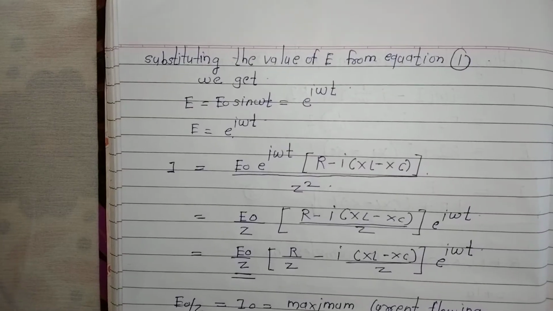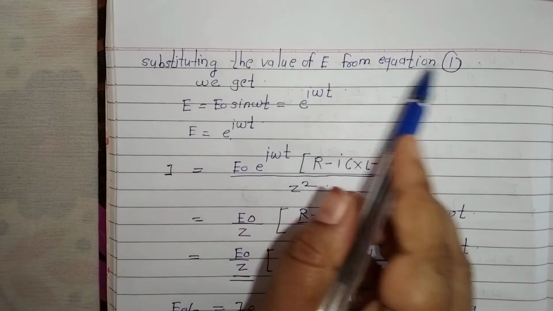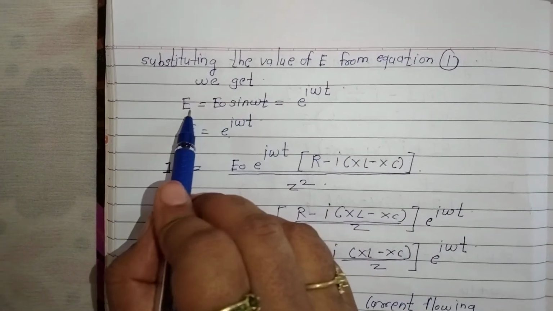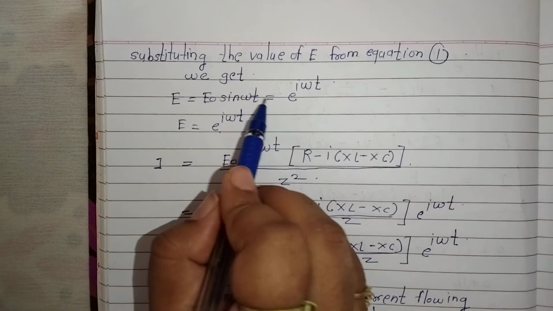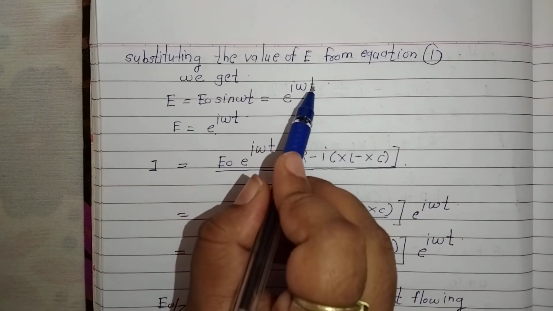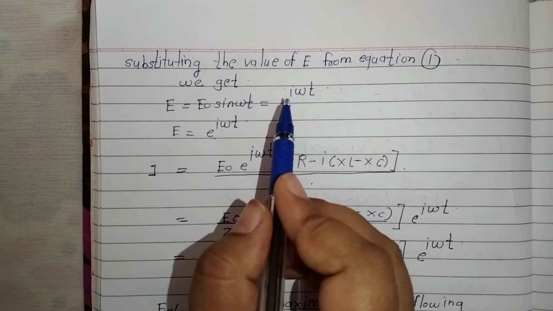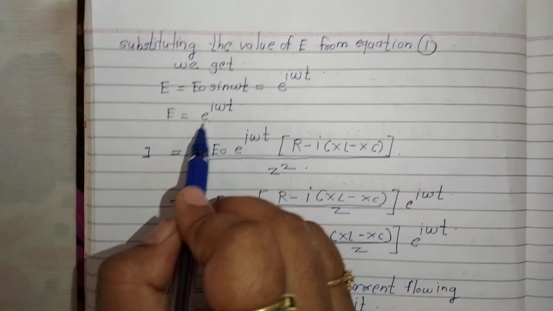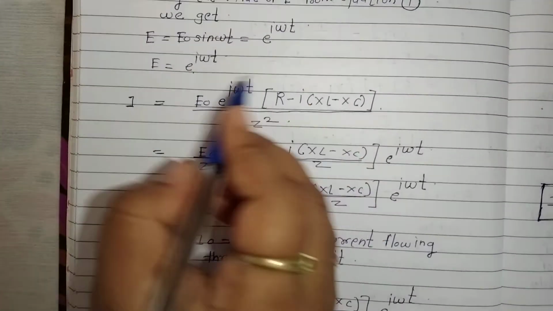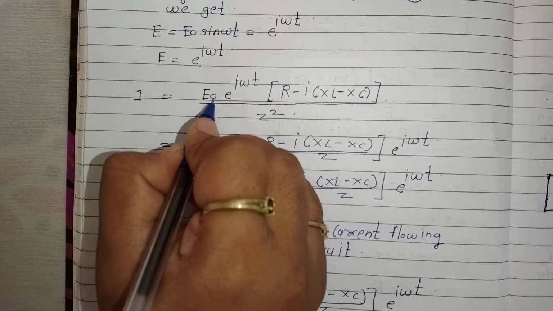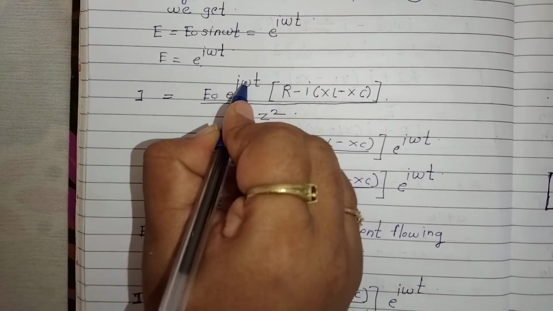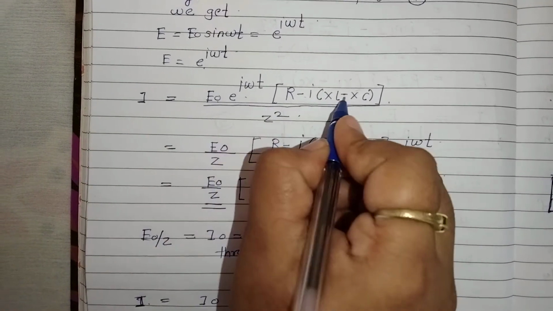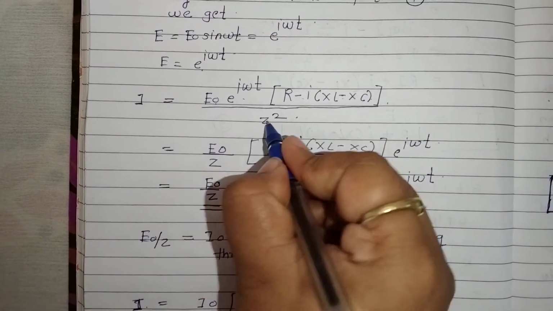Substituting the value of E from equation 1, we know E is equal to E0 sin omega t, which is the imaginary part of E0 e raised to i omega t. Here we take E is equal to E0 e raised to i omega t. So the equation becomes I is equal to E0 e raised to i omega t times R minus i(XL minus XC) divided by Z square.